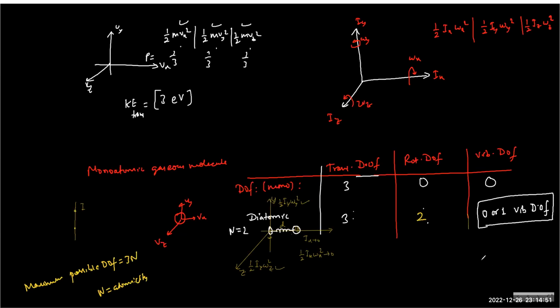So the vibrational degree of freedom has no formula. You can simply say that it can be either minimum 0 or it can go up to a maximum value depending on the temperature. So we say that it is generally activated. You activate with temperature.